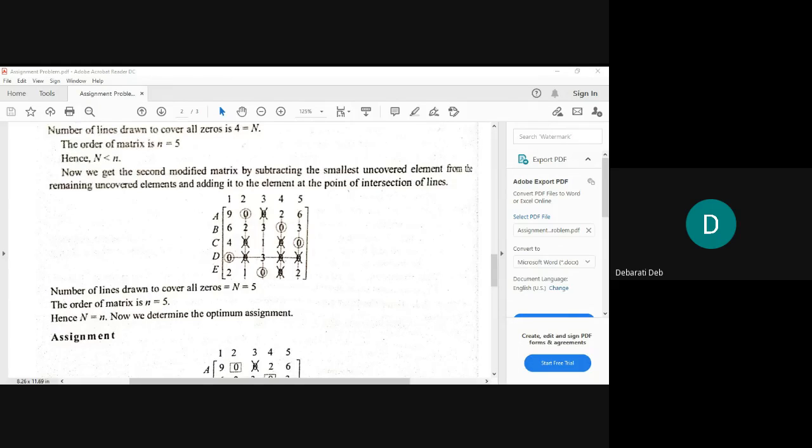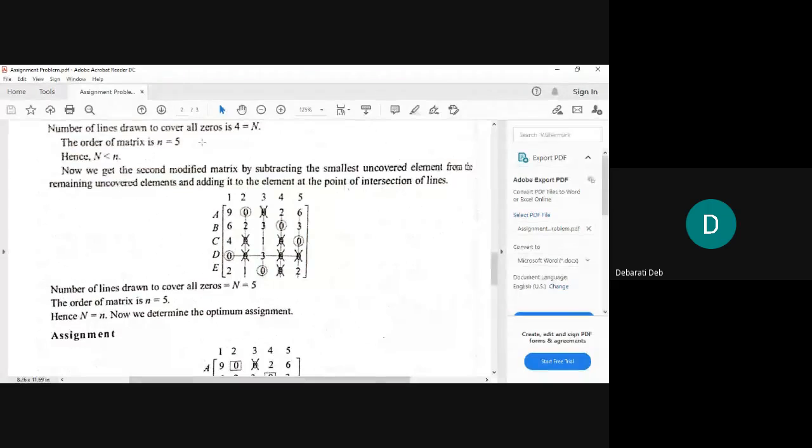Okay, so have we drawn the number of lines? How many have you got? Those who have drawn, tell me. Any three of you tell me how many you have got.